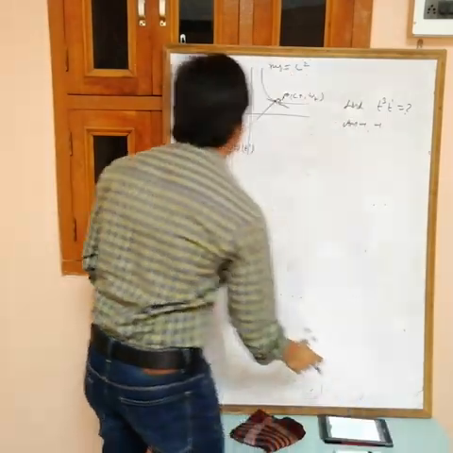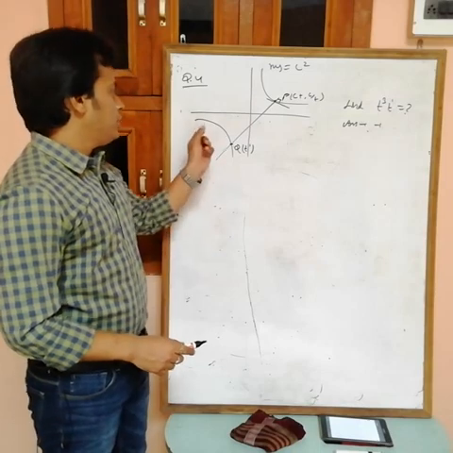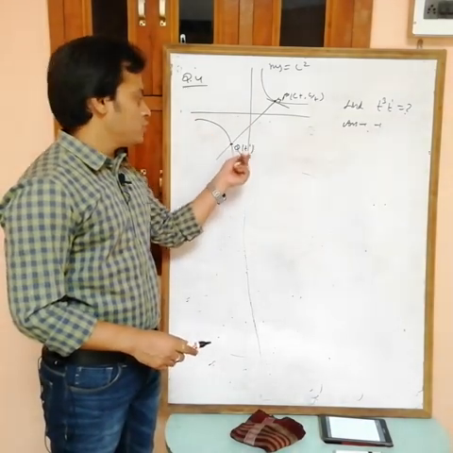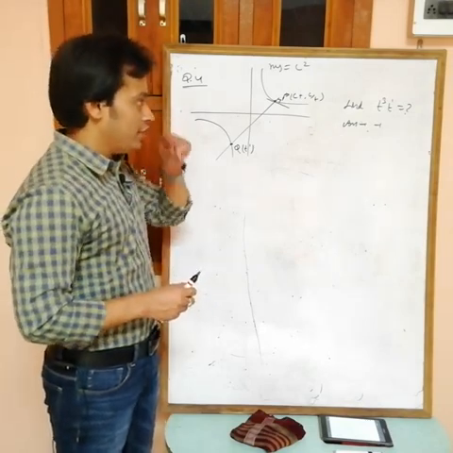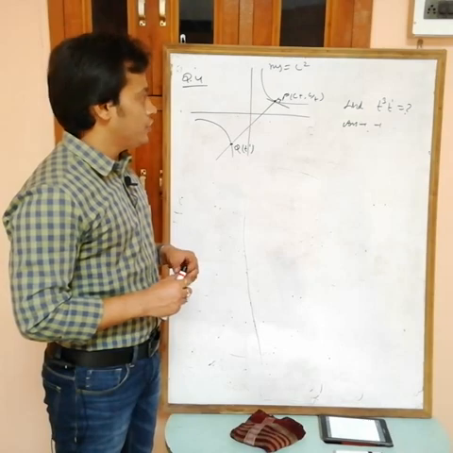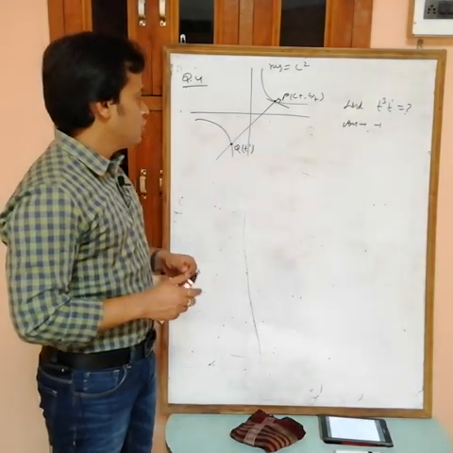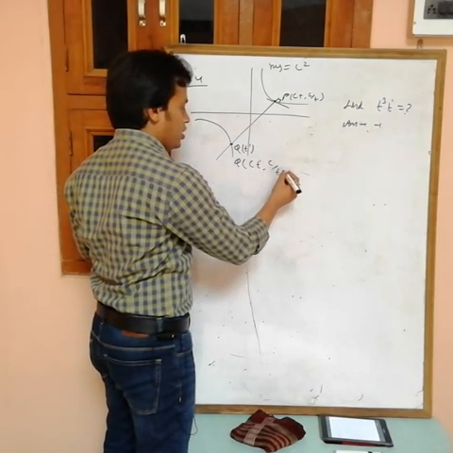Normal at P intersects the curve again at Q whose parameter is t dash. It means this point is (c t dash, c/t dash), and we want the relation between these t. So coordinate of Q is (c t dash, c/t dash).